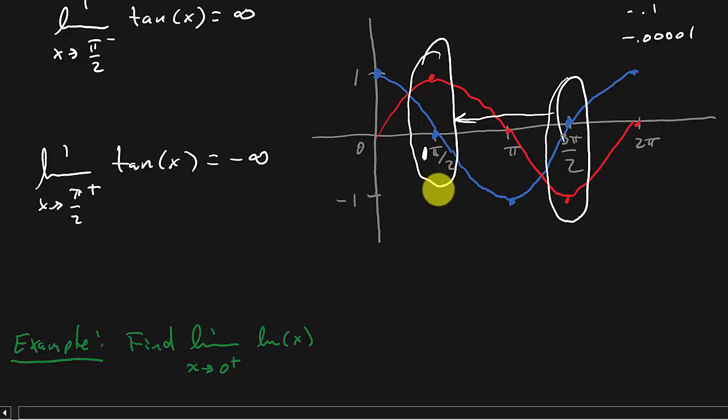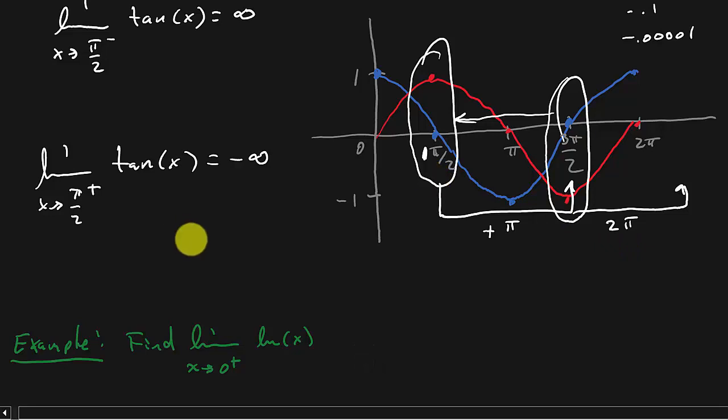So, to get from pi over 2 to 3 pi over 2, what am I doing? I'm adding pi, right? And then if I wanted to get to 5 pi over 2, I would add 2 pi, because 2 pi plus pi over 2 would give me 5 pi over 2, and so on.